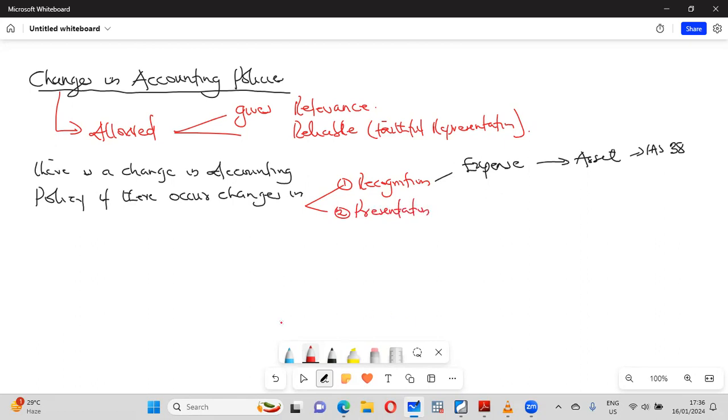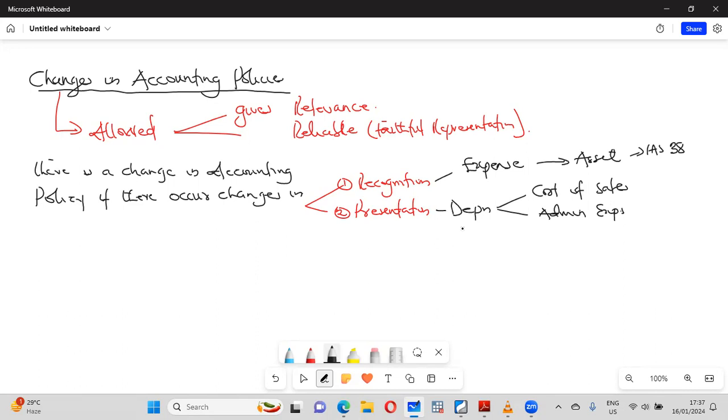So you do know that items in our accounts, like depreciation, sometimes can be part of cost of sales. It can also be part of administrative expense. So where do you put it? The presentation, where do you put it? So there is a choice in terms of where to put it, and any change, say, okay, we used to put it at cost of sales. The depreciation of a building within which they are manufacturing seems to be part of cost of sales.